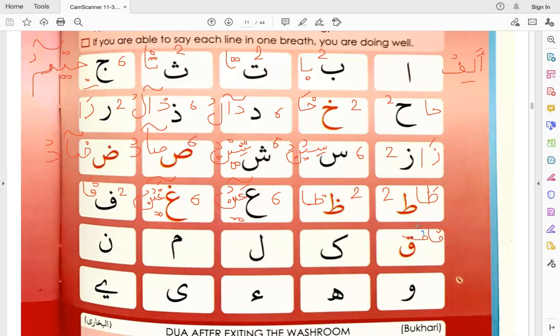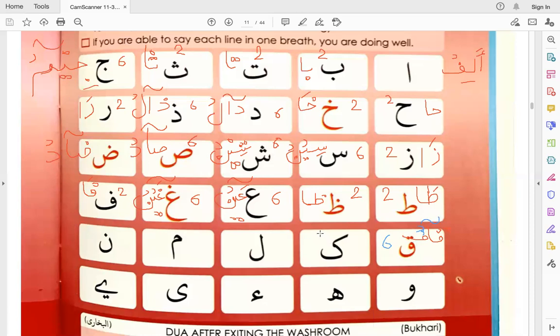You find sukoon on fa, and there is a mad letter before the sukoon, so you can stretch it four haraka, but we are stretching six haraka because most of the scholars agreed to stretch it six haraka long. Qaf, and there will be hums at the last letter, because whenever fa is with sukoon, it gets hums.